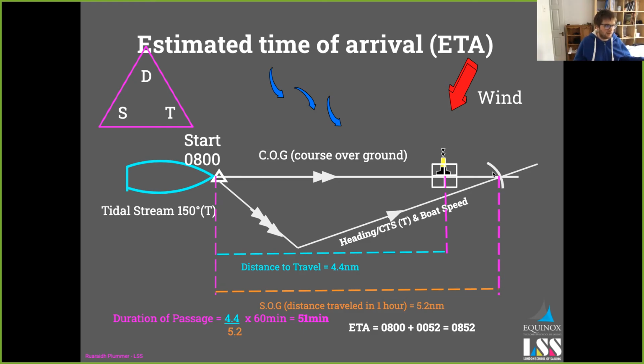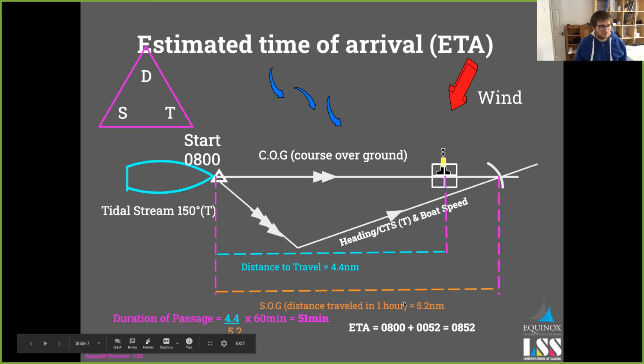So if we're going to travel 5.2 nautical miles in an hour, then our speed over ground is 5.2. Our distance from our starting point to our waypoint is 4.4 miles, and the speed we're travelling there is 5.2.